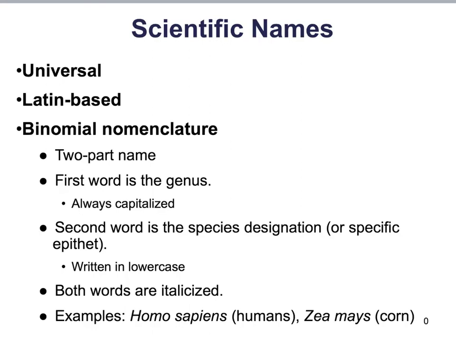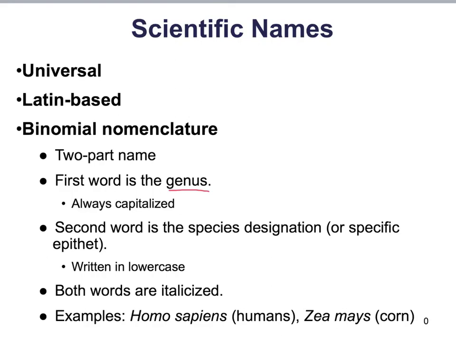Now, with scientific names, we want them to be universal and Latin-based. We have a binomial nomenclature, meaning it's a two-part name. The first word is the genus, and this is always going to be capitalized. The second word is the species designation or specific epithet. This is always written in lowercase.